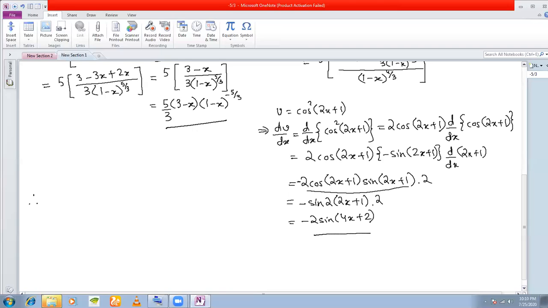Therefore, what is dy dx? dy dx is equal to du dx, 5 by 3, (3 minus x) (1 minus x) to the power of minus 5 by 3, minus dv dx, which is minus 2 sine (4x plus 2).